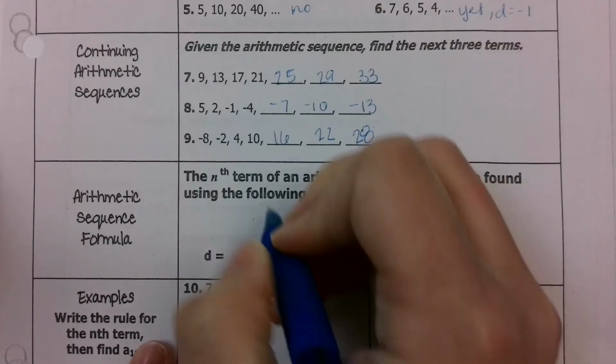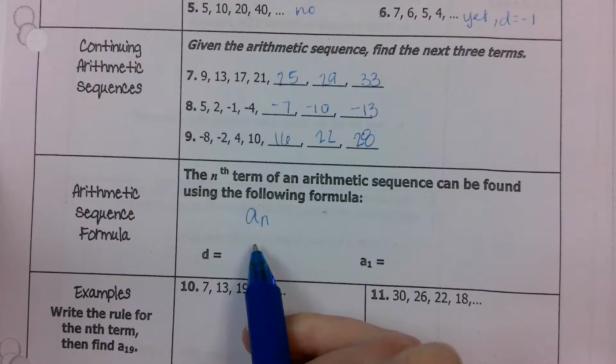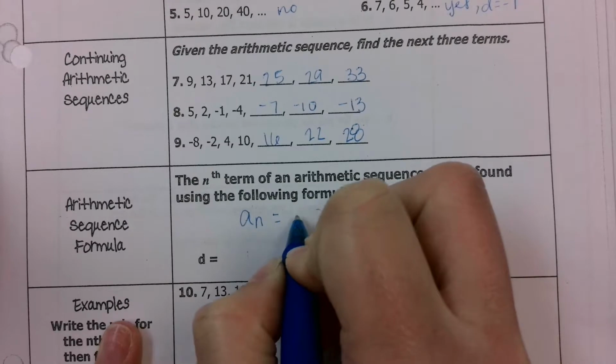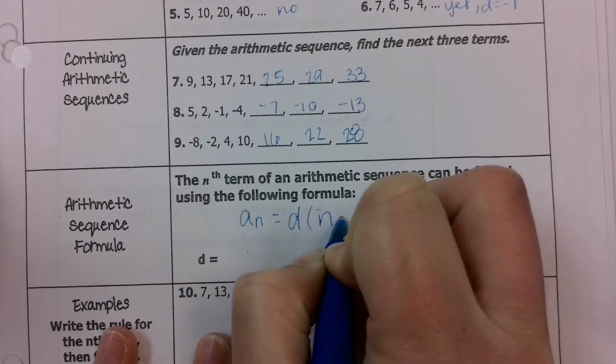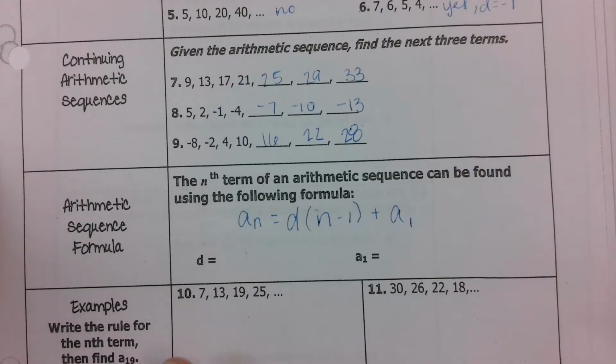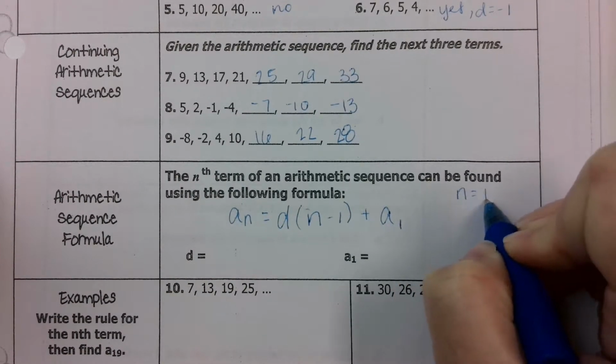So that formula is a sub n, and that n just represents what term number you want. a sub n equals d times (n minus 1) plus a sub 1. So again, n is your term number.